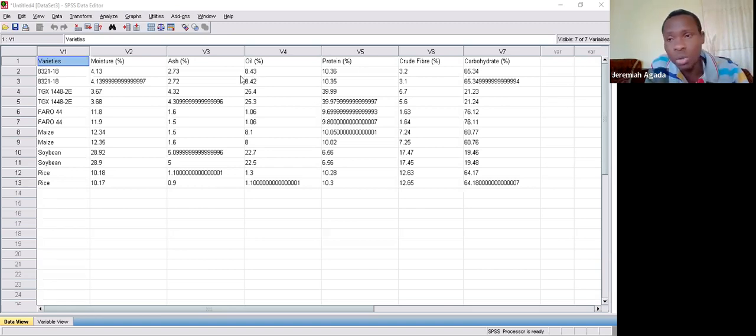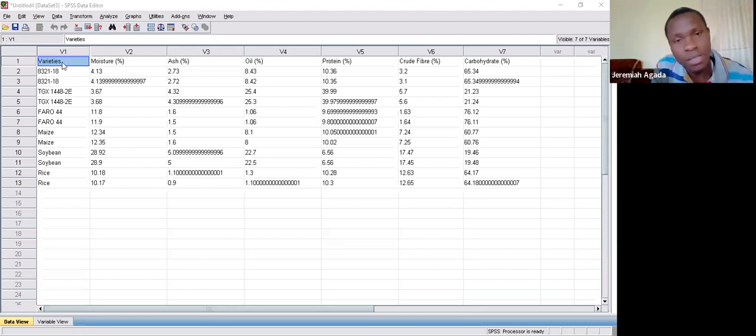Now, very importantly, yesterday I told us something about data cleaning, that you just prepare your data to use. The aim is just to prepare your data to be analyzable, if you can use that word. Something that you can use to do something. Now look at my data. Look at the moisture content here, the moisture in percentage. You see that the first one is a variety of rice.